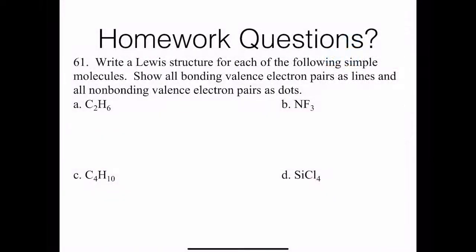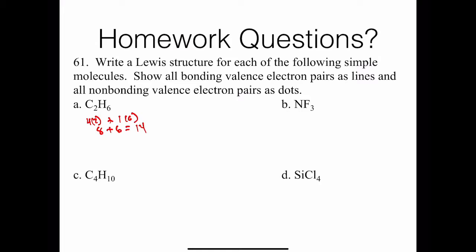The last homework question is more of the same, just maybe slightly more difficult compounds. We're still following the same process. So carbon is in column 4, 4 valence electrons times 2, and we're going to add that to hydrogen, which is in column 1, times 6. So this gives me 8 plus 6 equals 14 total electrons to distribute.